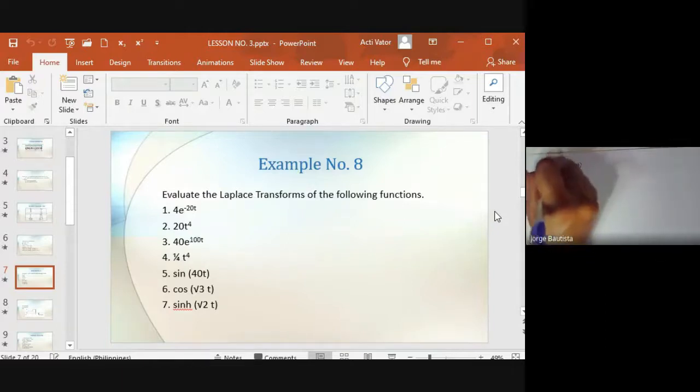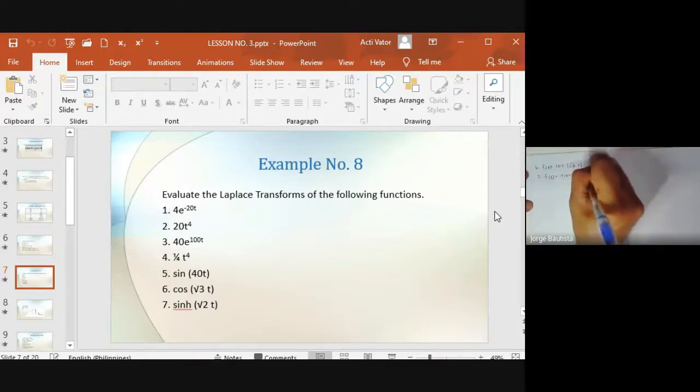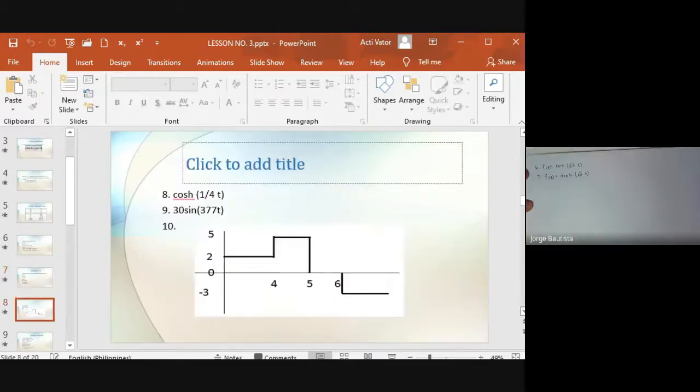Number 7, f of t is hyperbolic sine of square root of 2 t. Then number 8, f of t is hyperbolic cosine 1/4 t.